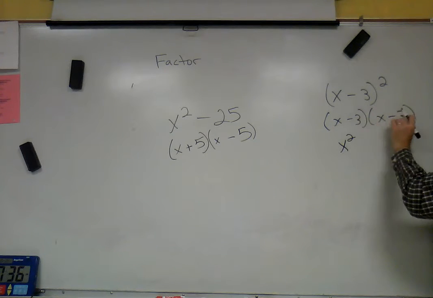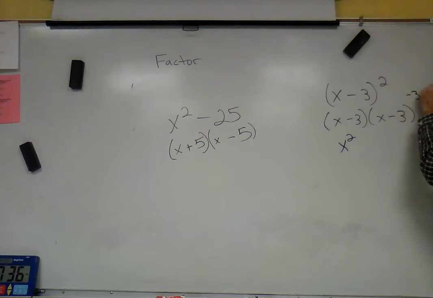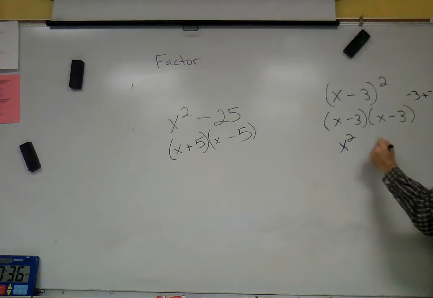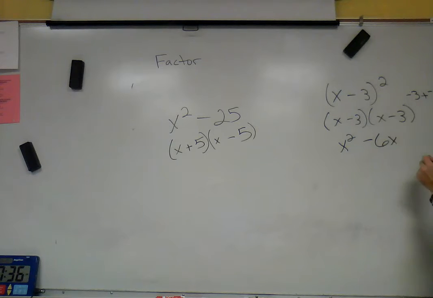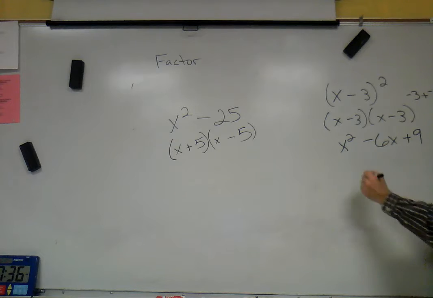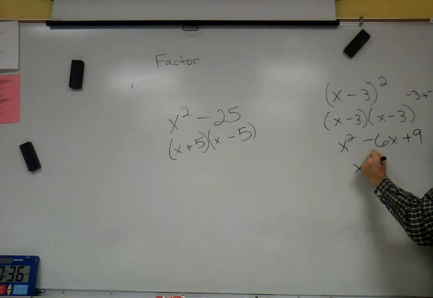And we have -3 and -3. They're the same sign, so we get -6x. -3 times -3, +9.